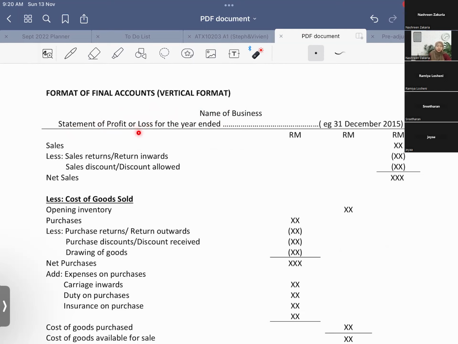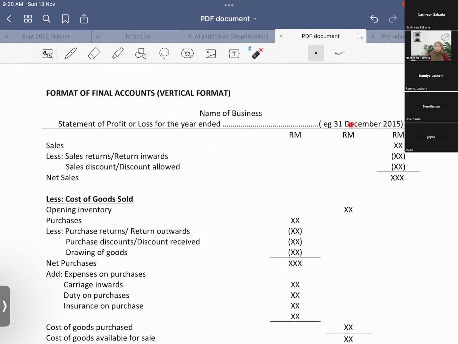I will accept it, as long as you know this is actually the income statement. So make sure you first put the name of the business and then the title, statement of comprehensive income. For the year ended, here you need to put the accounting end period.